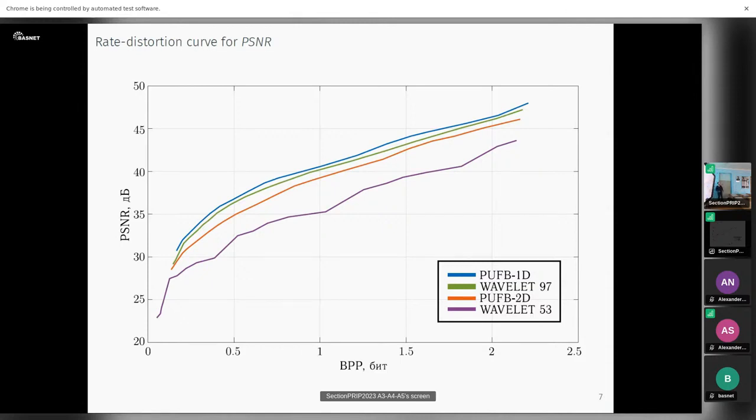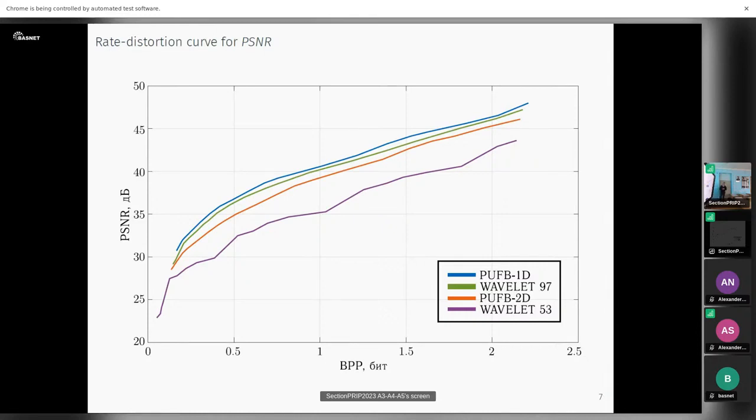Why does this happen? This happens because we have discontinuity on the borders between the rows of these two-dimensional blocks. It works well and nicely in the case of lossless compression, and there are some issues when we put it in a lossy scenario.